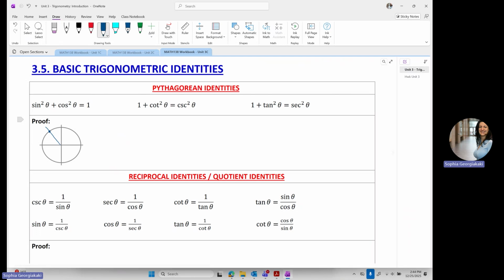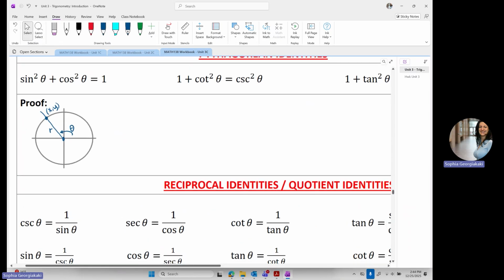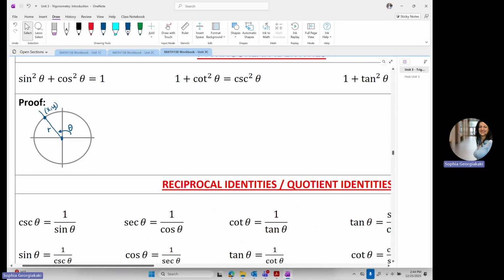I have a random angle theta. I pick a point on the terminal side of theta. It has coordinates x, y, and the distance from the origin is equal to r. And r doesn't have to equal 1 in this particular case. We can be in the general case.